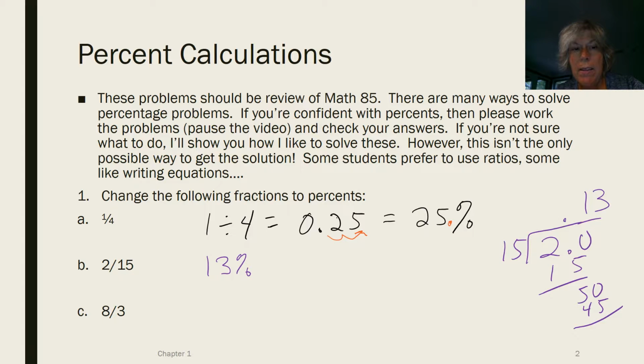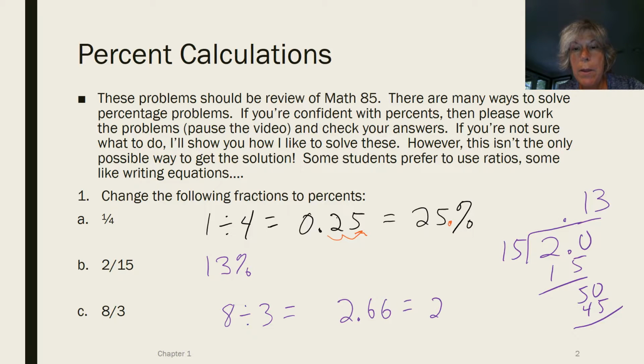8/3 is the same as taking 8 divided by 3. 8/3 is really 2 2/3, so that'll be 2.66 repeating.